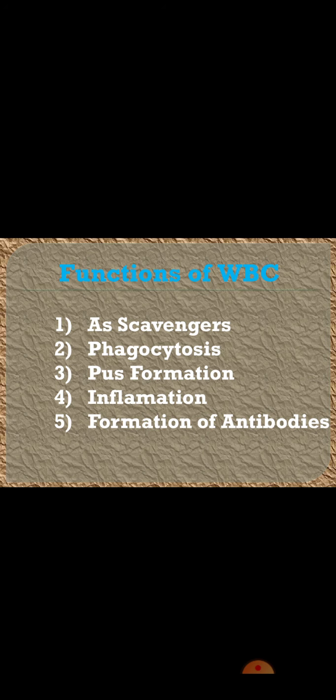Pus formation means in the course of their struggle against invading microorganisms, numerous white blood corpuscles are killed, and these killed cells accumulate in the infected area together with exuded plasma. These dead leukocytes along with destroyed tissue cells, dead and live microbes and exuded plasma form the pus.